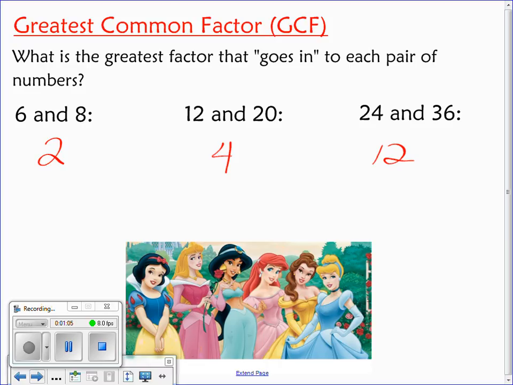If you're somebody going, how do people know that? What would you have to do? You'd have to make the list, like we were doing yesterday. Options for A, your options for C, and you make the list. You look for the biggest number in both lists. That's what you're looking for, the biggest number that divides into them. That's your greatest common factor.